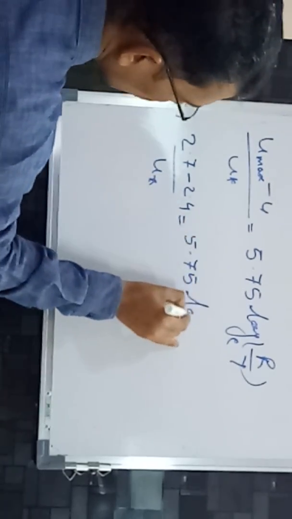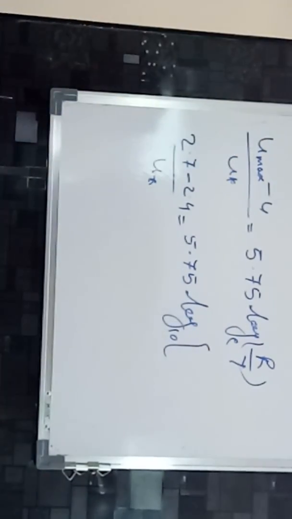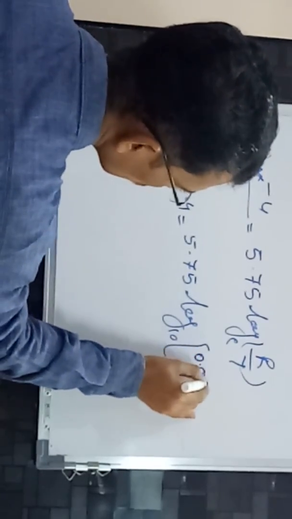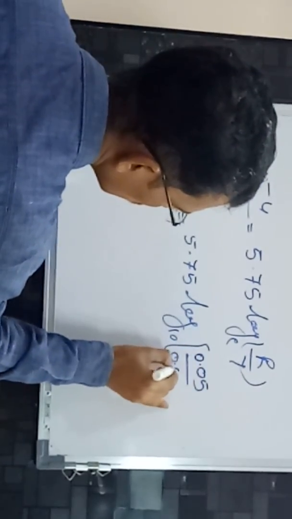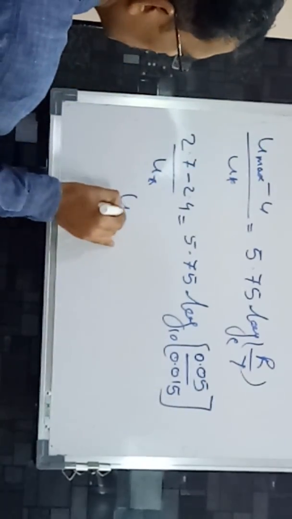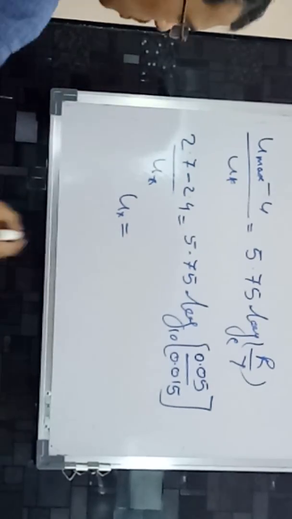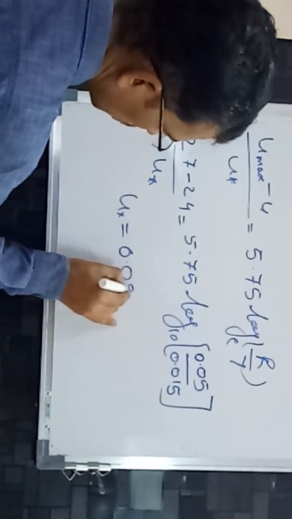5.75 log 10 of R by y. What is the R value? 0.05, divided by 0.015. So ultimately, you will get the shear velocity 0.099.